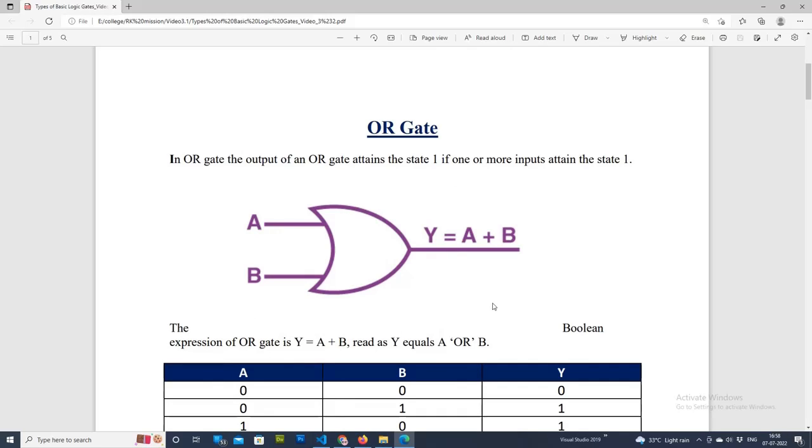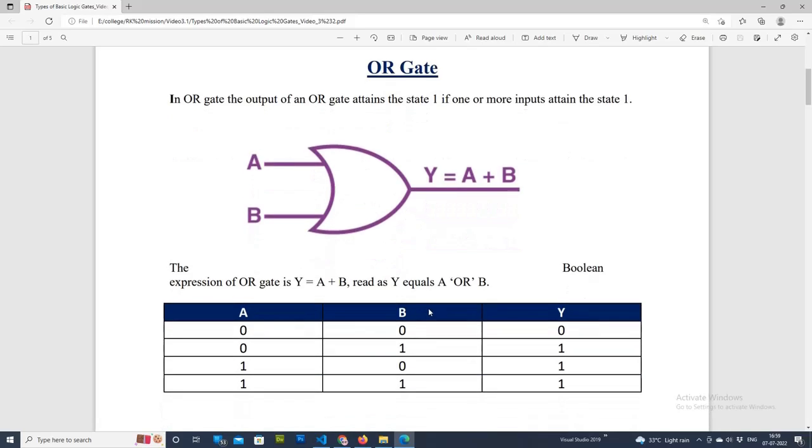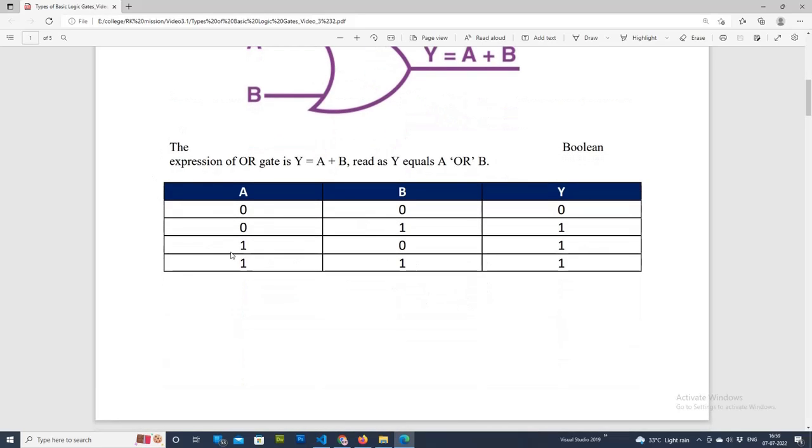OR gate. The output of an OR gate attains the state 1 if one or more inputs attain the state 1. The expression for the OR gate is y equal to a plus b. We express the OR gate with a plus sign that reads y is equal to a or b. Here is the truth table.